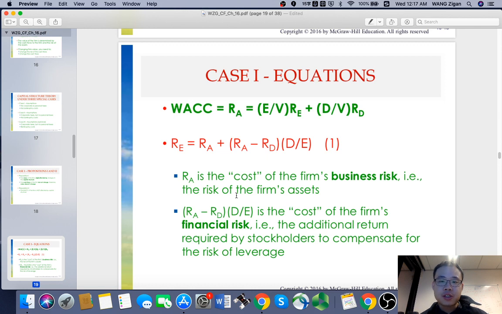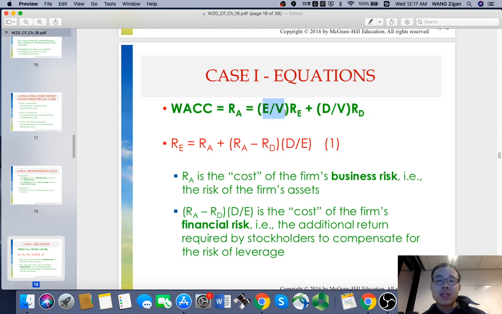Note that WACC is the return of the total assets. The assets have two components: equity and debt. So the average cost of capital, the average return of this whole company, all of the assets of this company, will be a weighted average.